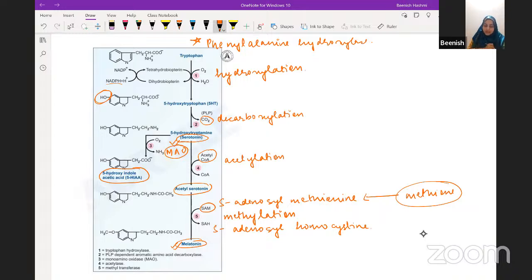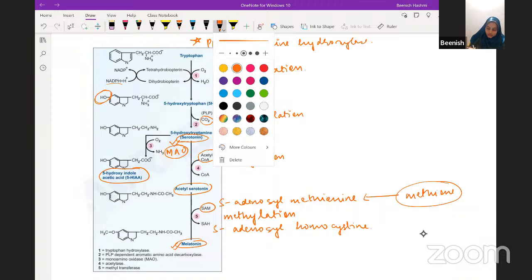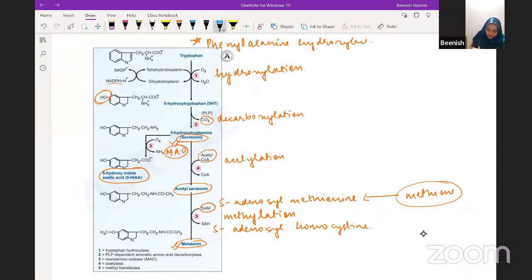So what happens in case of depression? If you want to increase the level of serotonin, MAO inhibitors are given, in case you want to elevate the mood.